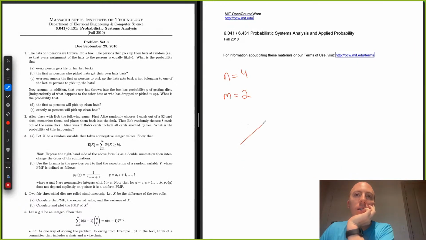So they could get their hat back. There's n hats right now, so there's a 1 in n chance that happens, and the bad case is an n minus 1 over n chance. But let's think in concrete numbers. There's a 1 in 4 chance that they get their hat back, which is a good outcome, and a 3/4 chance of a bad outcome.